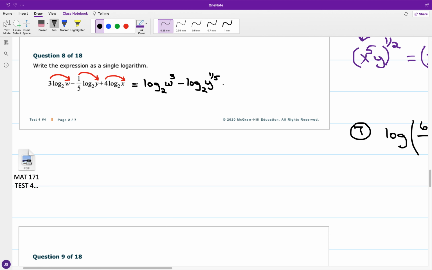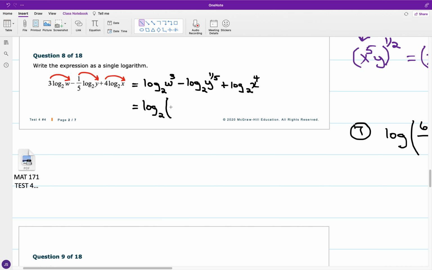Then we have plus the base 2 logarithm of x to the 4th. So I've taken care of the coefficients and have converted to exponents. Now we have the pluses and the minuses to consider, setting the stage for expressing as a single logarithmic term.